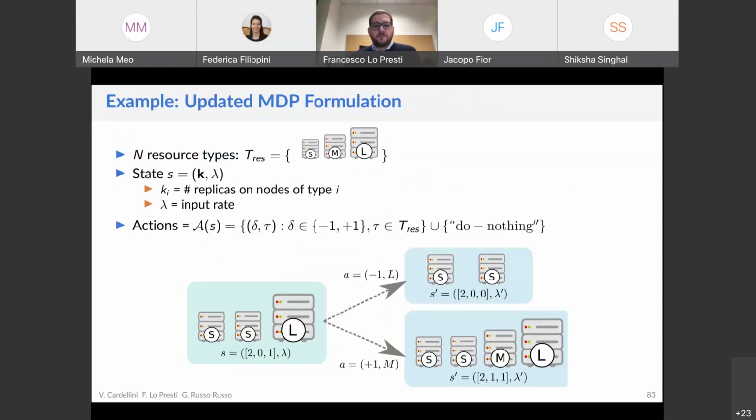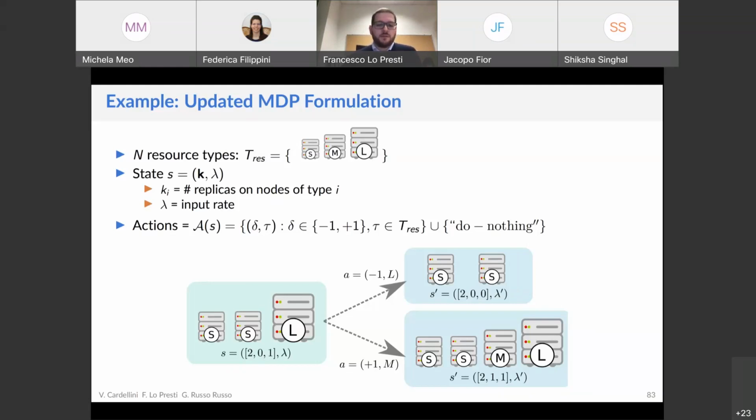We can revise the MDP formulation that we have seen in the previous part to consider this resource heterogeneity. In particular, we can consider having n different types of computing nodes. In this case, we need to extend the state of our application component. In the previous examples, we had a scalar value k, which denotes the number of replicas of our component.